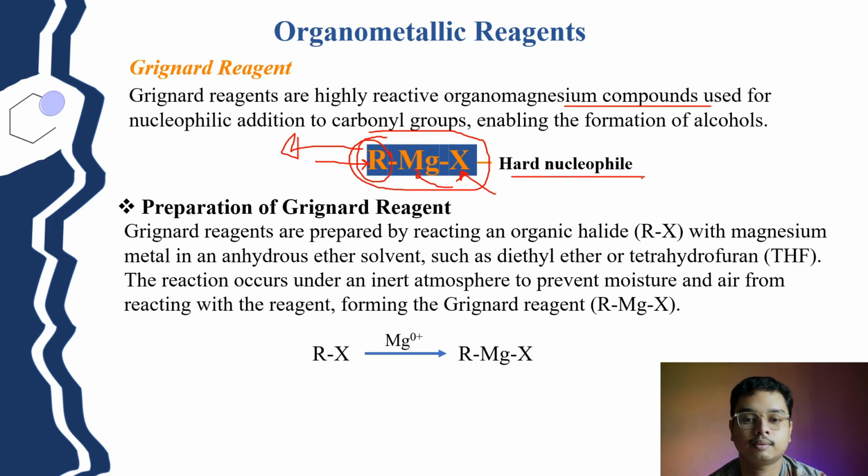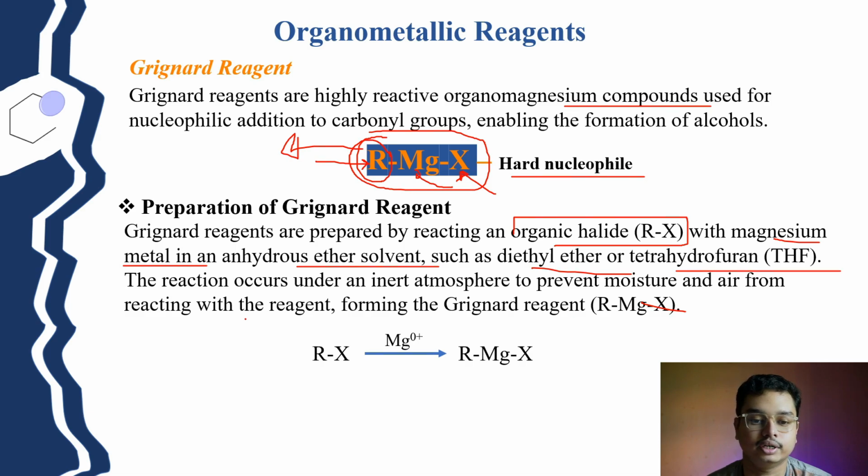We will look at the preparation of Grignard reagent, because this is important for exam purposes and also for general information. So how can a Grignard reagent be generated in the laboratory? Grignard reagents are basically prepared by reacting an organic halide, that is RX, with magnesium metal in an anhydrous ether solvent, such as diethyl ether and tetrahydrofuran.